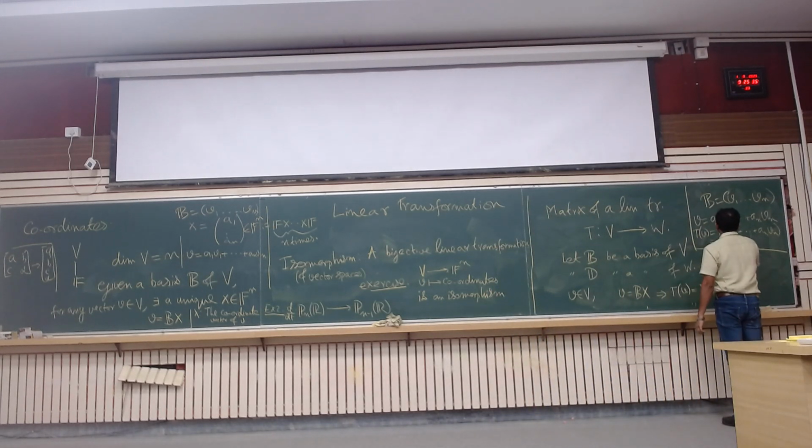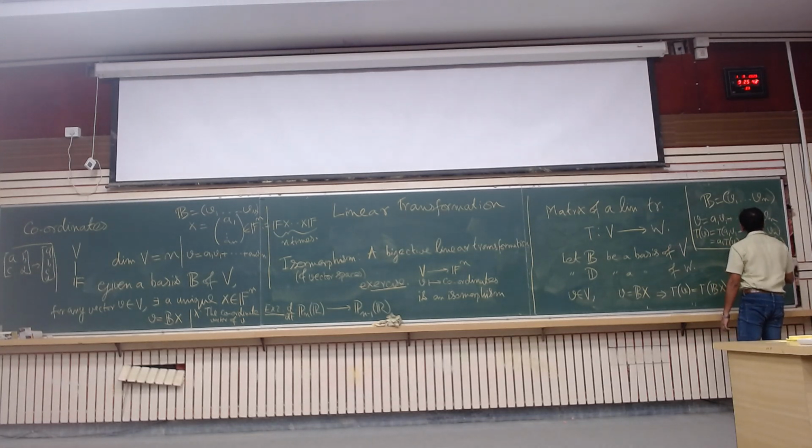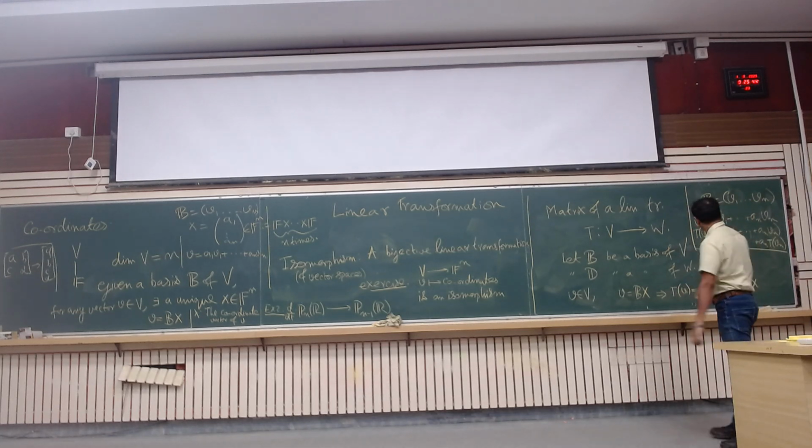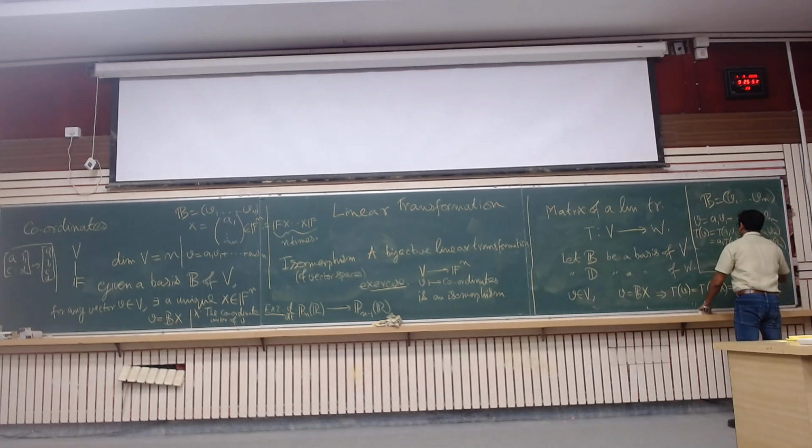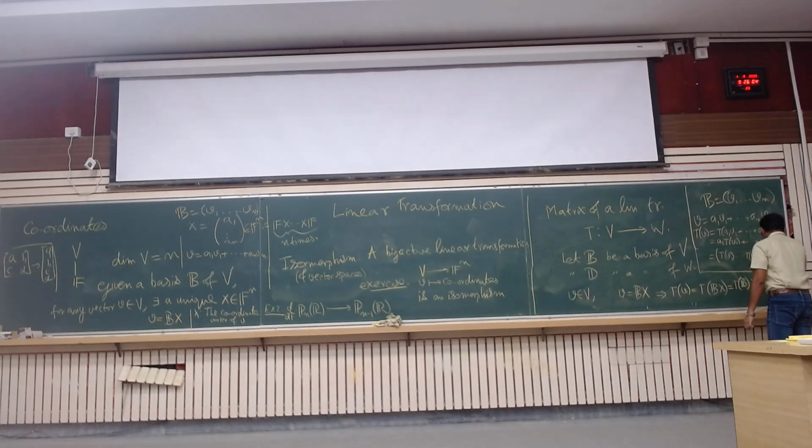So this is A1 T V1 plus dot dot dot plus An T Vn. And that means, if we go back from this notation to this one, it will be like T of V1 dot dot dot T of Vn times A1 dot dot dot An.